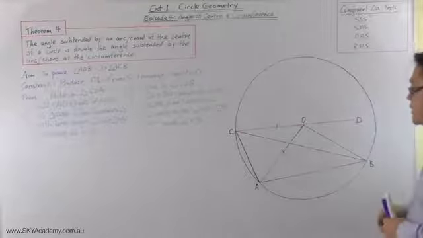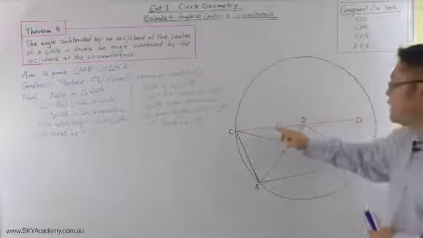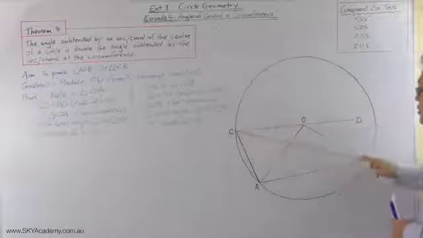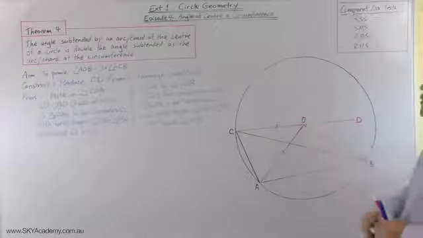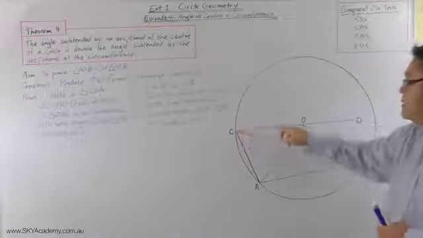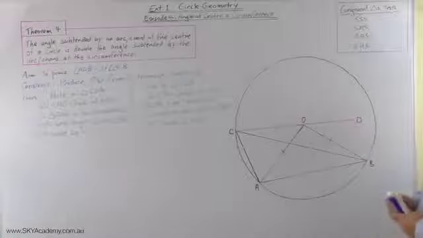Can you also see that the other isosceles triangle is this one here, which is the really long obtuse triangle, which is CBO, or I've written it up as COB? And it's that one there. Can you see that?